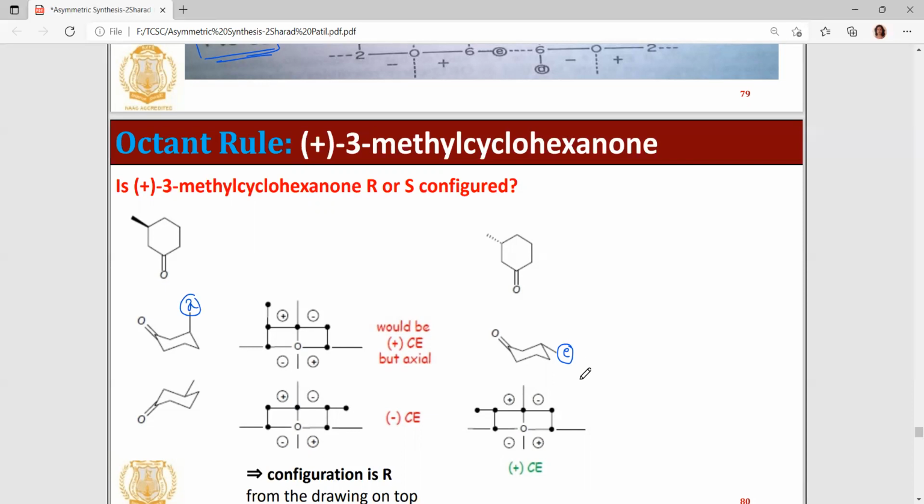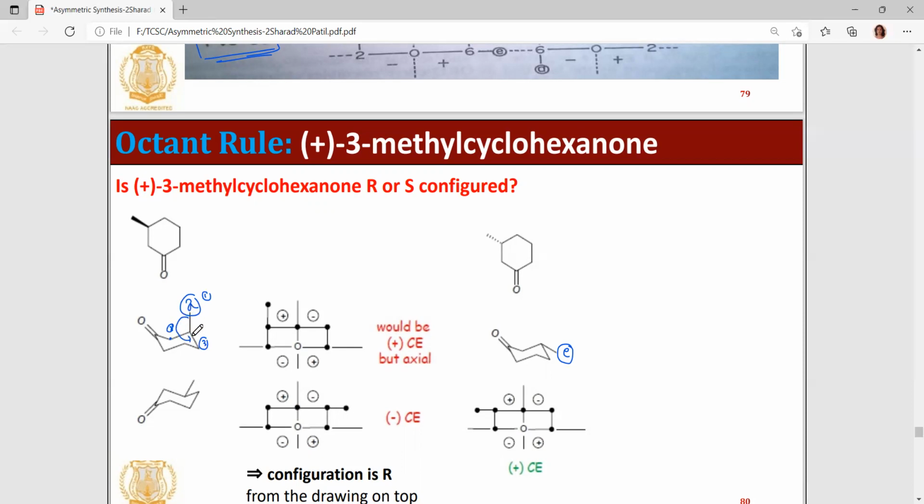Okay, so what about the configuration? If instead of halogen, suppose this methyl group is there, then what configuration should it be? Suppose this carbon is number 1 because of methyl, this carbon is 2, this carbon is 3. So 1, 2, 3.